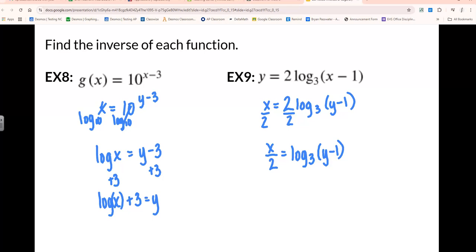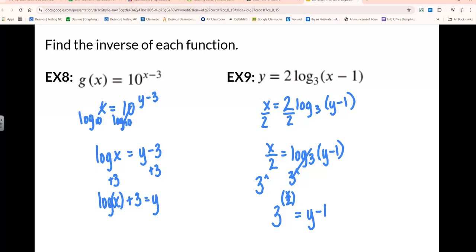All right. Then, now, we're going to use the base, right? So now we're going to do 3 to the power, 3 to the power. So we got 3 to the X over 2. You don't have to have parentheses there, but I just want to be very clear that whole thing's in the exponent there. Equals Y minus 1.